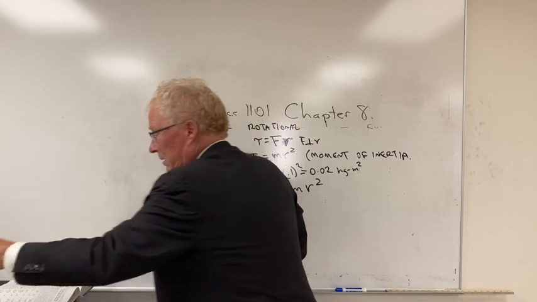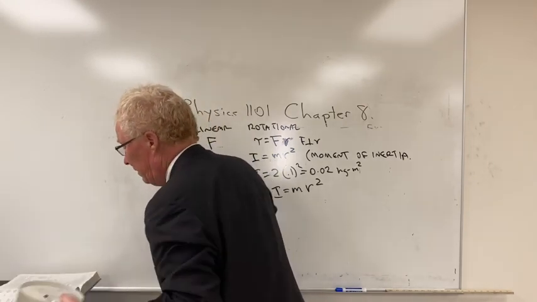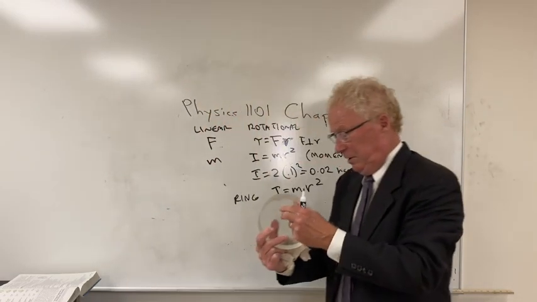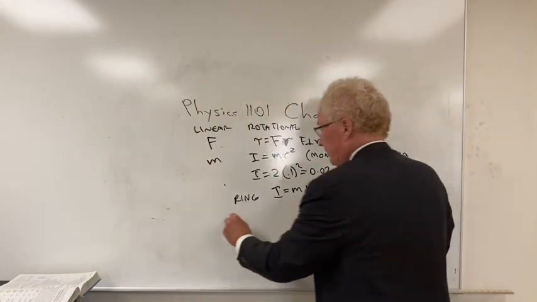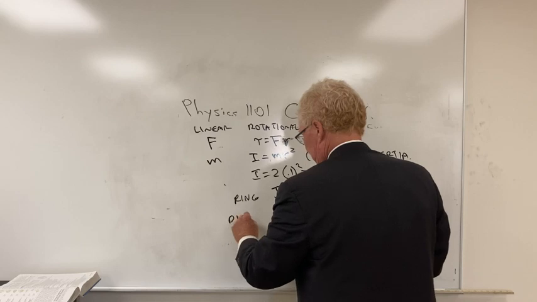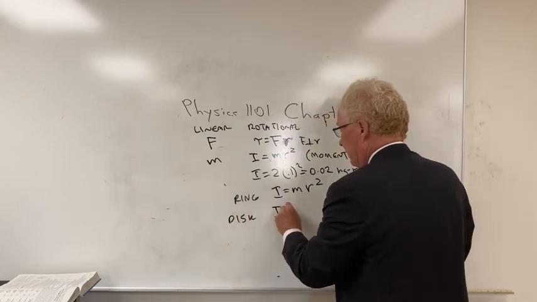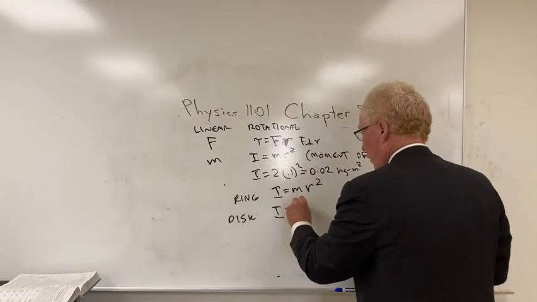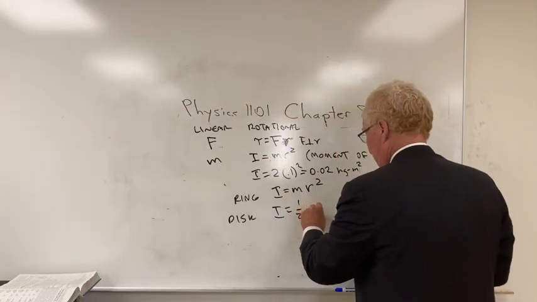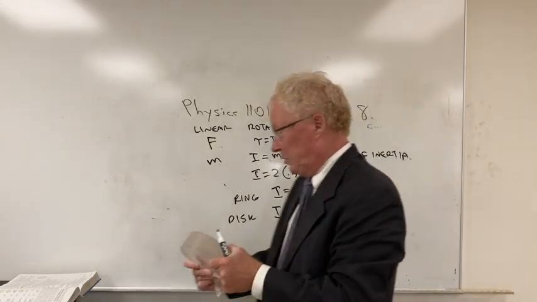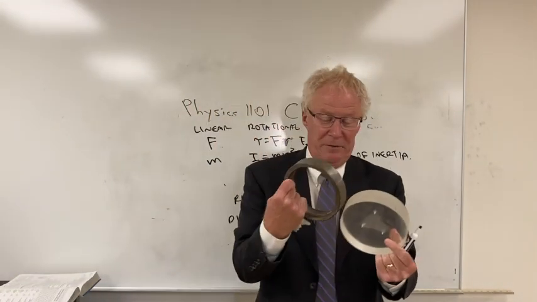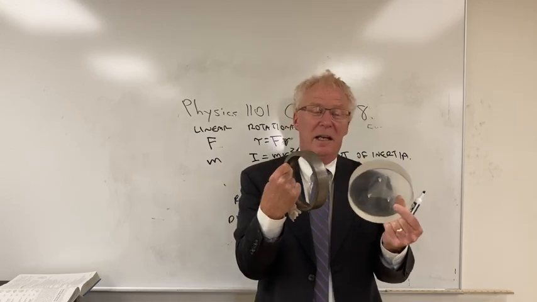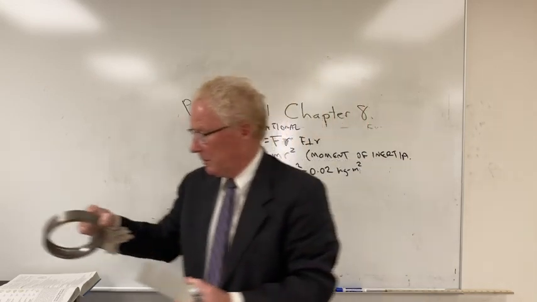If we have a disk or a solid cylinder, a solid disk, then I is 1/2 mr squared. So this disk would have a moment of inertia 1/2 of this, even though they both have the same radius and they both have the same mass of 2 kilograms.